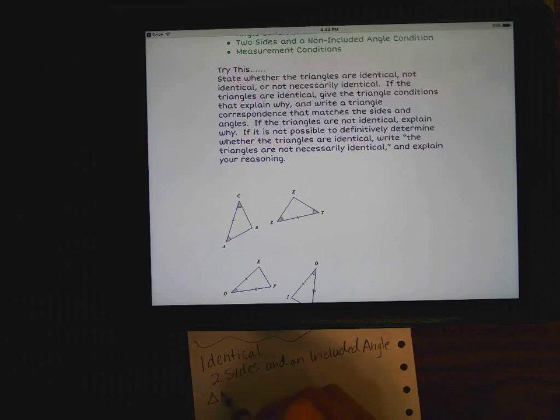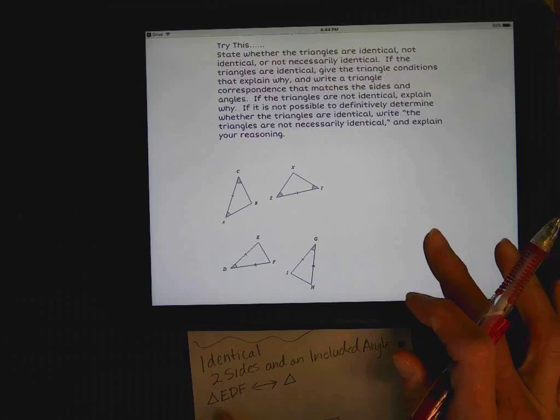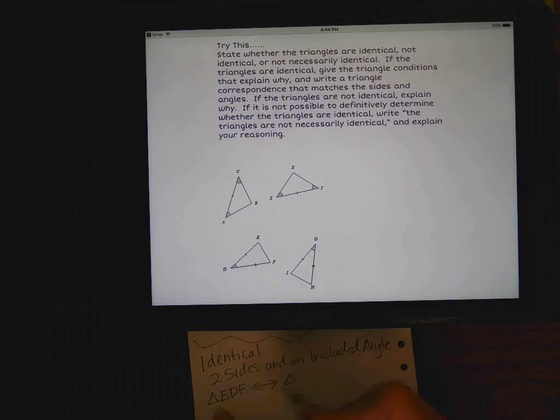I'm actually going to say it's triangle EDF corresponding to triangle... Where did I start? I started on the vertex that has the single slash, so the vertex that has the single slash on this one is I. So it would be I corresponds to E, G corresponds to D, and F corresponds to H. And then I have that one done. Okay? All right, this is getting easier.